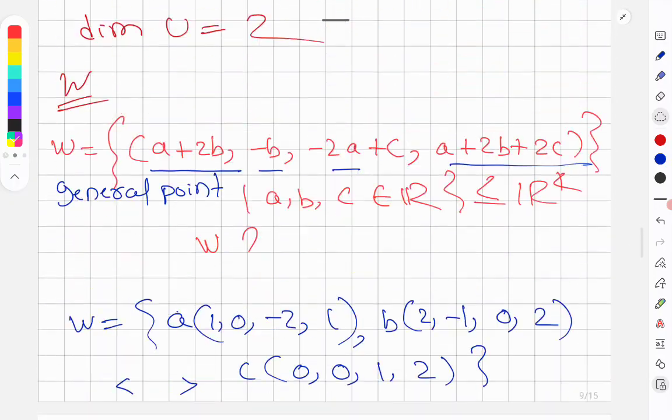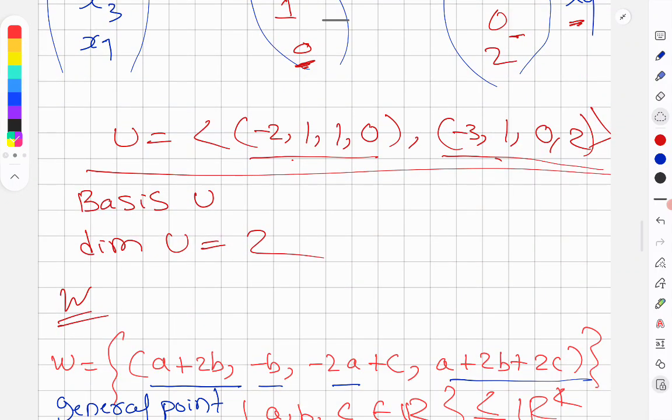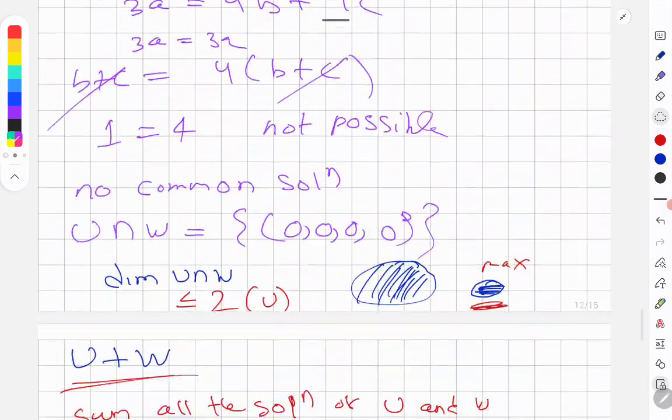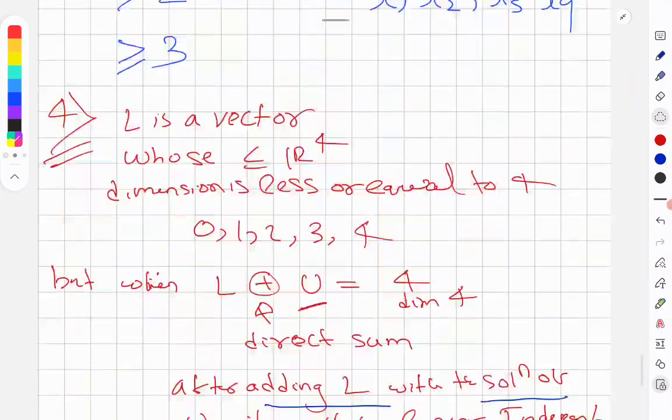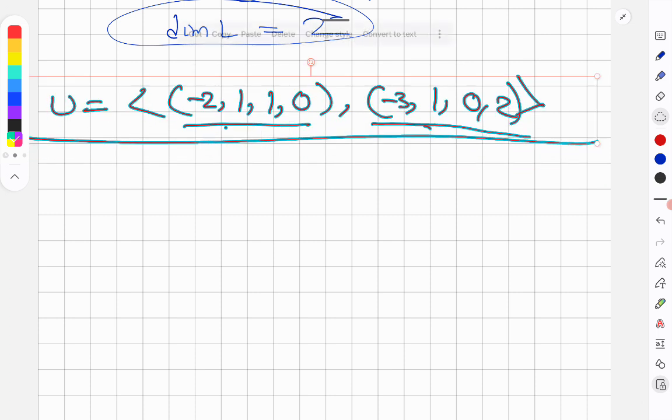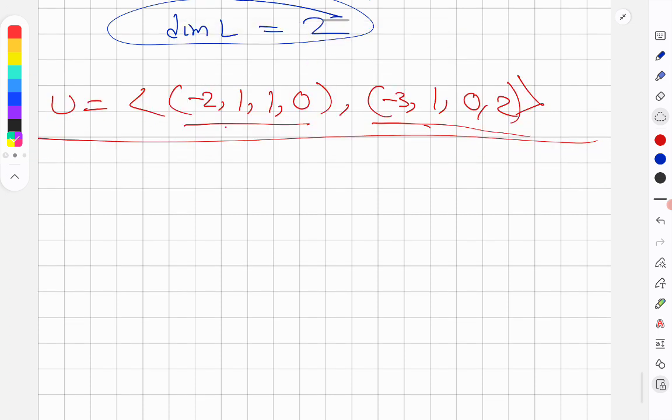Let's just copy this. Okay, so this is my U, and I need to find L. I don't know that, but the dimension is 2. You will see how.